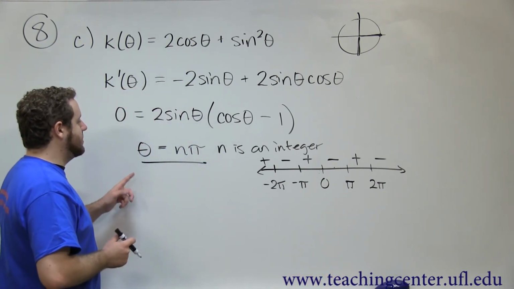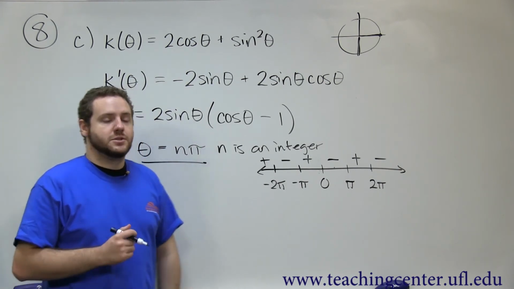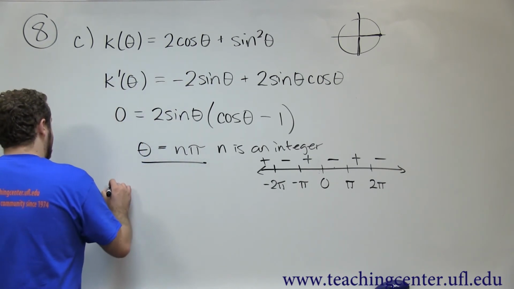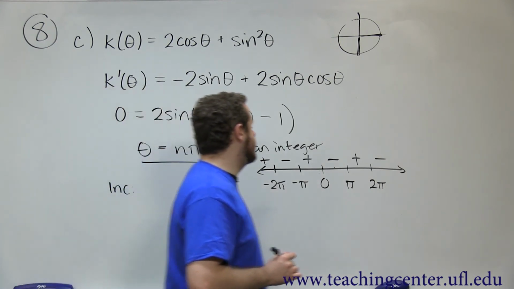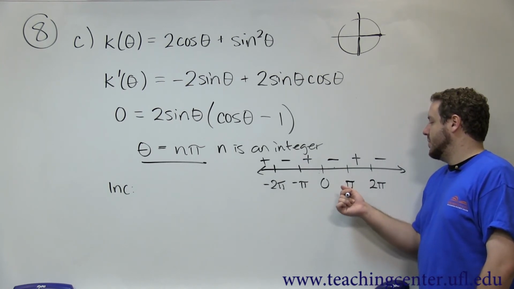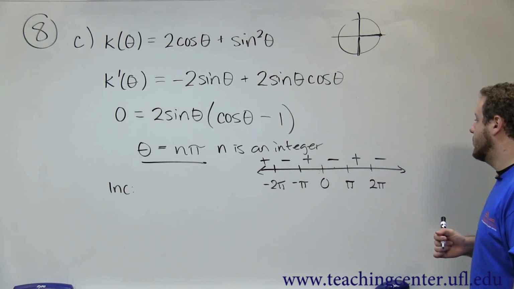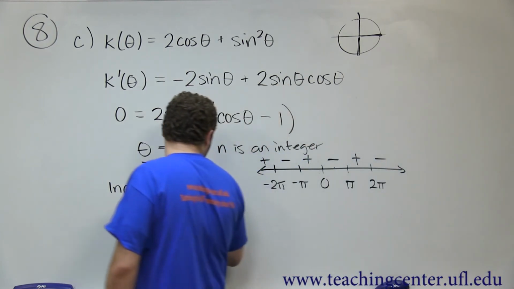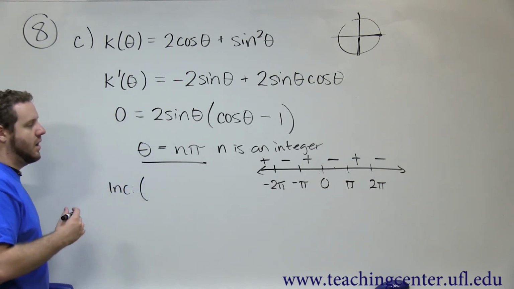So first, our critical numbers were just any multiple of pi, n pi, where n is an integer. We need to write our intervals of increase. So increase is any time we're going from an odd multiple of pi to an even multiple of pi. So we can say our intervals of increase are from odd to even.